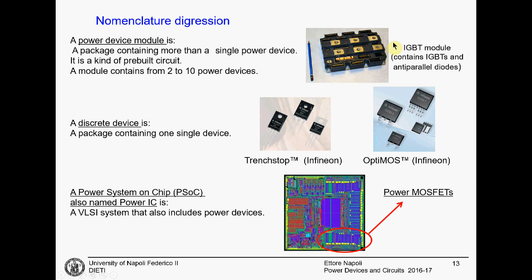This is a picture that shows an IGBT module. This will probably contain 6 IGBTs and 6 power diodes. This is usually for traction applications. And this pencil here will show you the size of this power module.